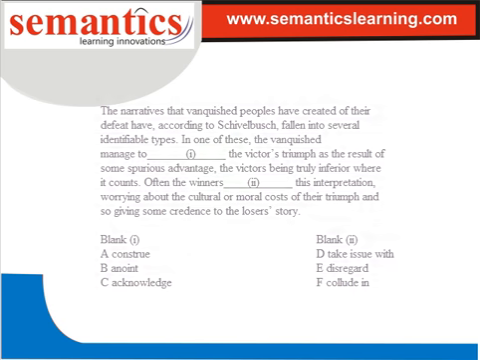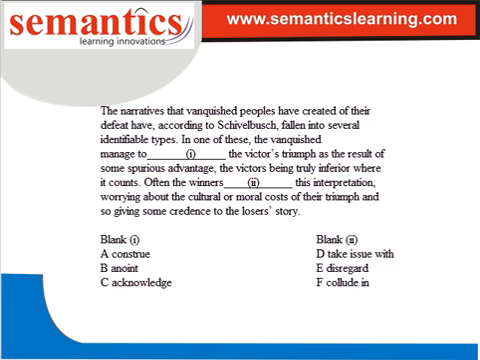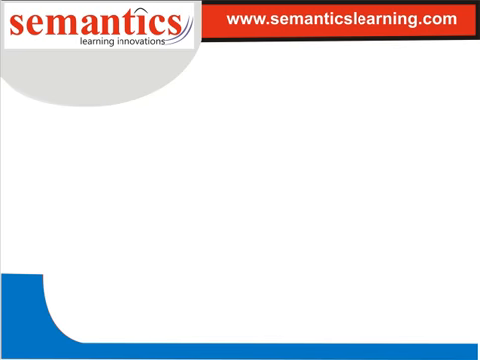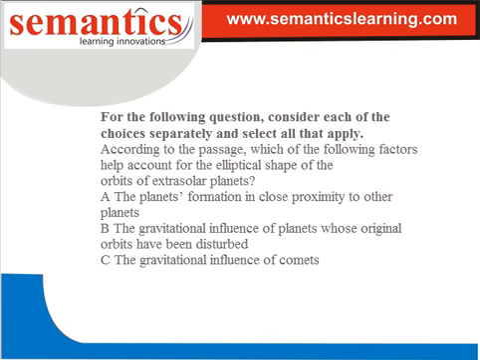Let's take the next new type of question. You have one paragraph with 3 or more fill in the blanks. You are expected to choose answers from the 6 answer options. Read this statement carefully. The reading comprehension section consists of questions with multiple answer options. Let's take this example.